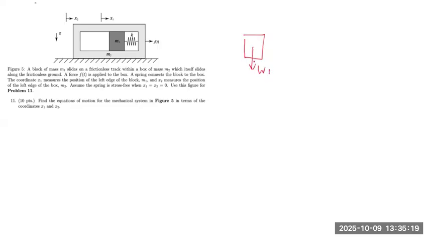And there'll be a normal force from m2 acting on the block, let's call it N1 as well. And there's going to be a force, friction force, no, actually, sorry, spring force acting to the left. Let's call it Fs because it's spring force.